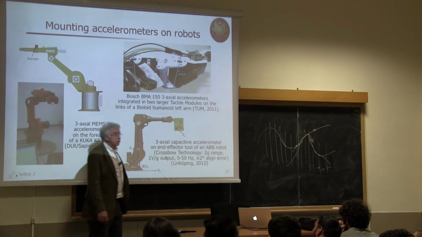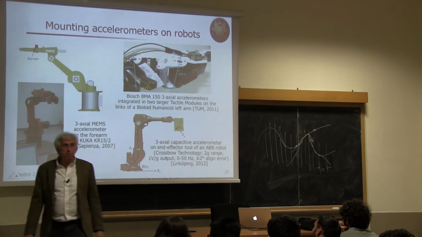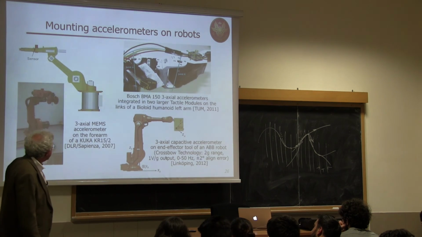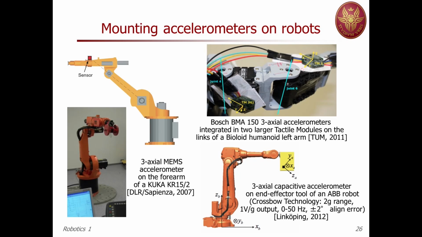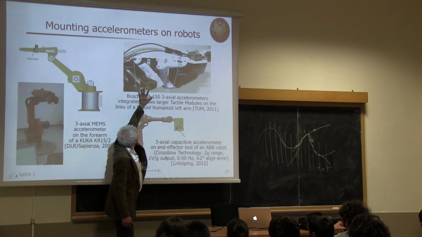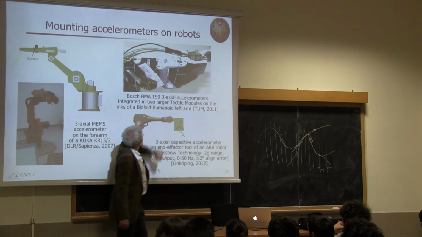Here, there's another use that I found in a recent paper, 2011. At the Technical University of Munich, they have built a humanoid. They call it bioloid. I don't know if this is correct. And on the arm, they have mounted these devices, TM341, they call it.